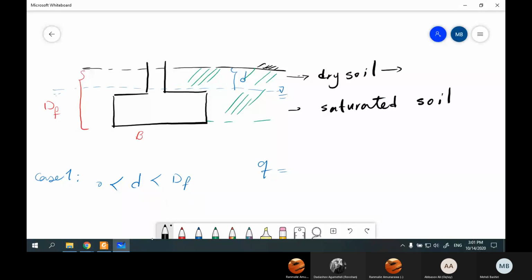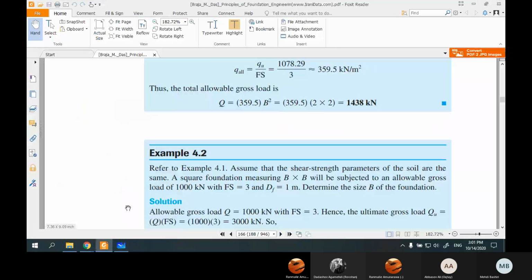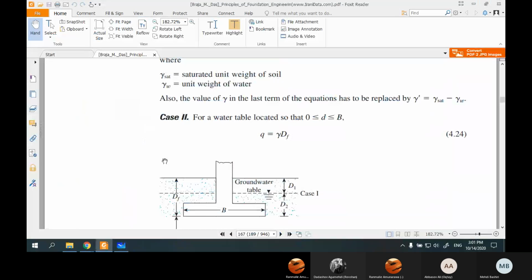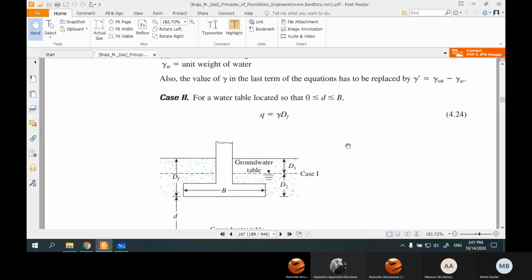For the dry soil we have gamma, and for saturated soil we have gamma saturated. What is q here? It is gamma times d plus (Df minus d) times gamma, sorry, gamma submerged.